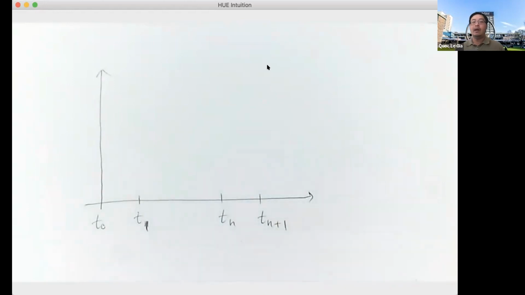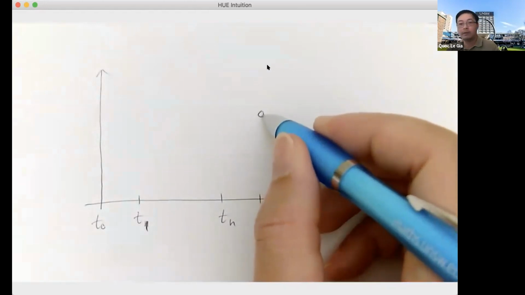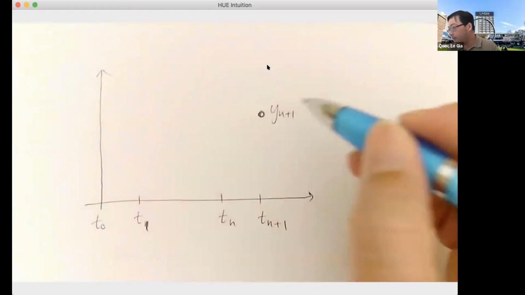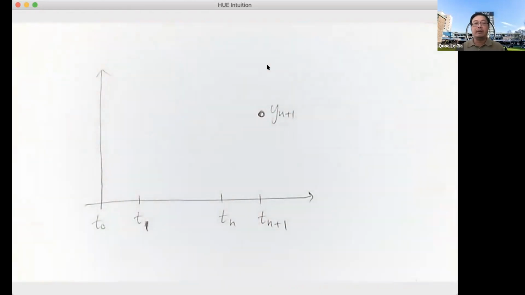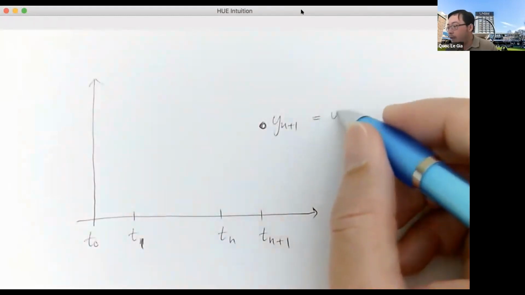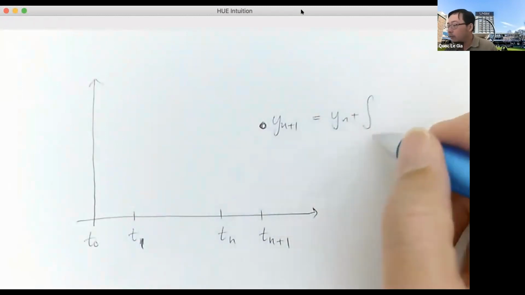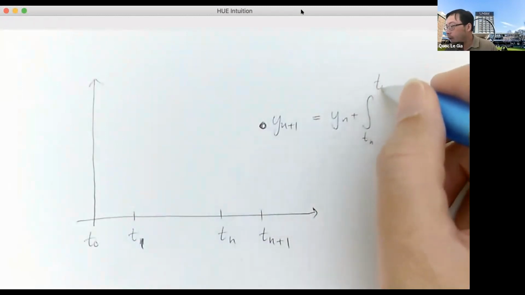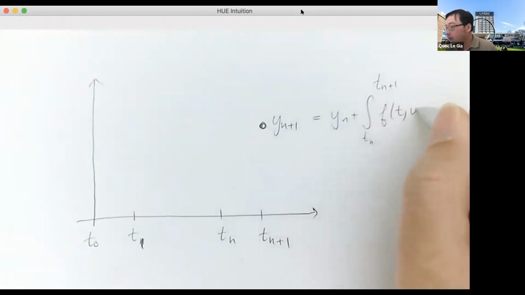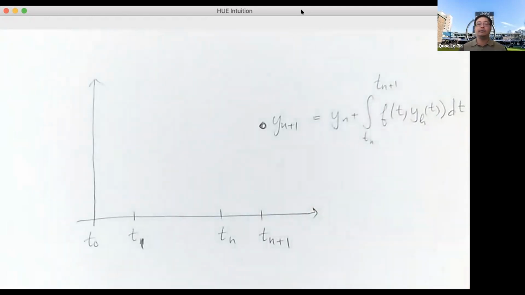Okay, and I'm interested in this point. This will be my yn plus 1. I want to find out what this value is. So the fundamental theorem of calculus says that yn plus 1 is just equal to yn plus the integral from tn to tn plus 1 of f of t, yh, where yh is the approximate solution, dt.